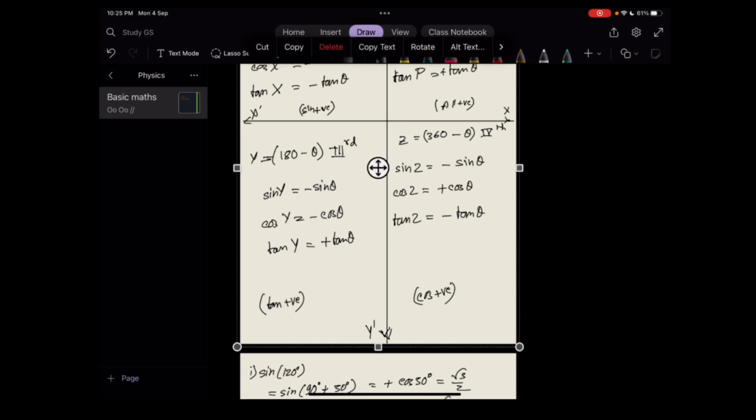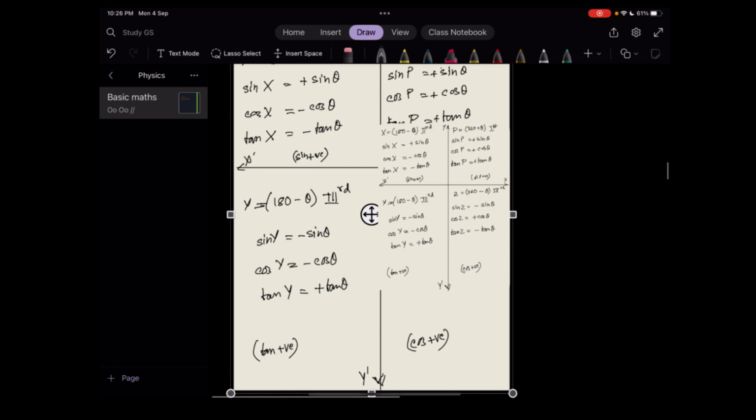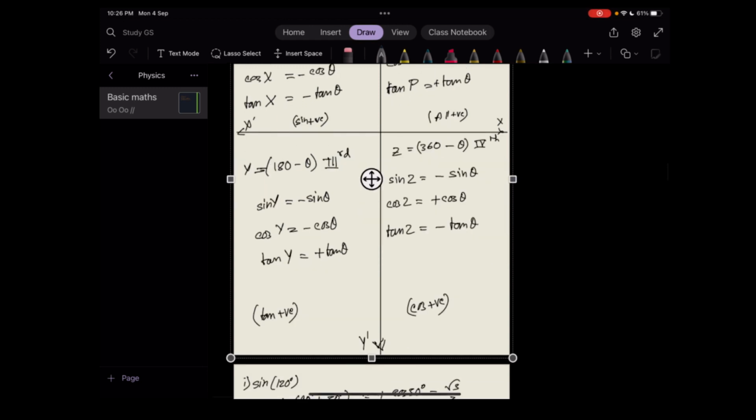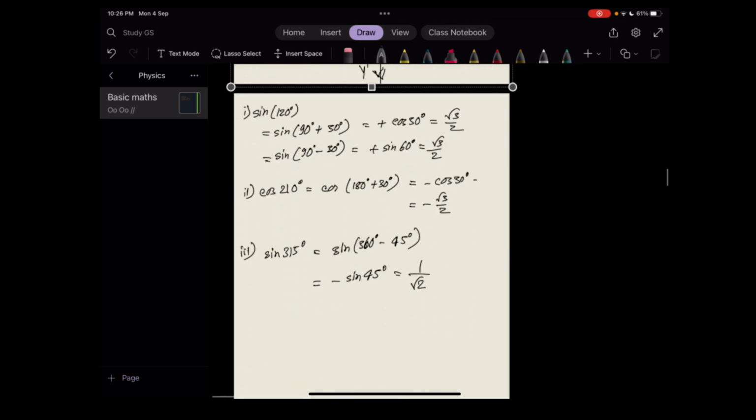In the third quadrant, only tan is the positive value, so just take it, tan positive. Similarly in the fourth quadrant, cos is the only one which has a positive value, so cos positive, rest negative, sine and tan negative.